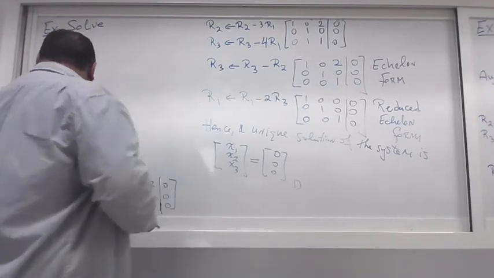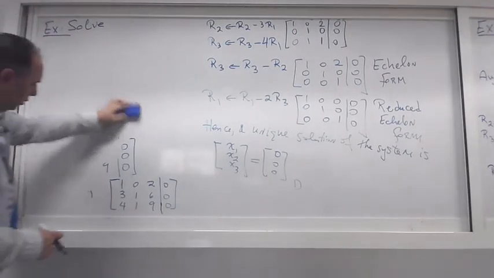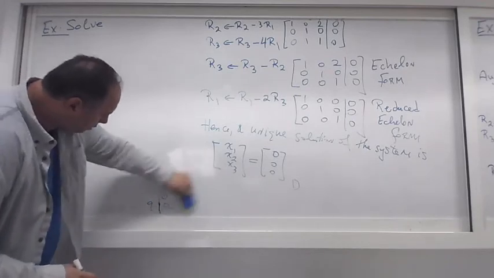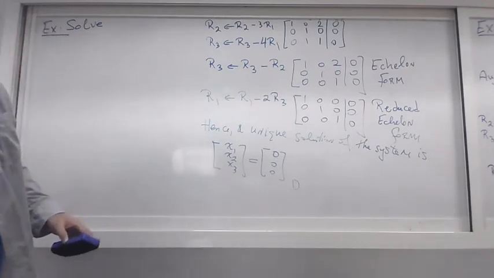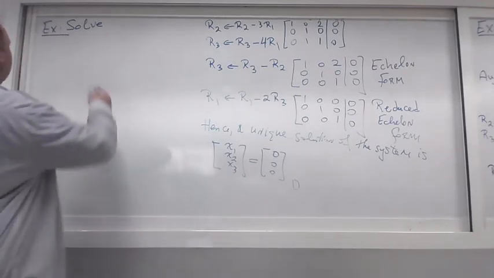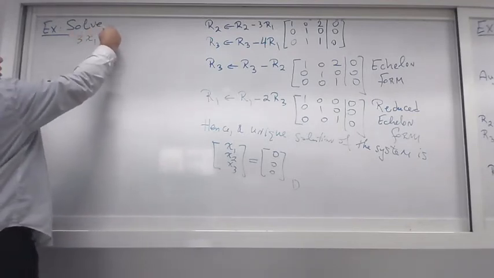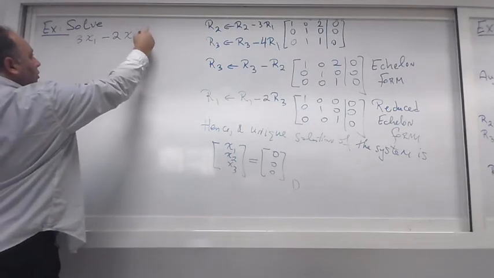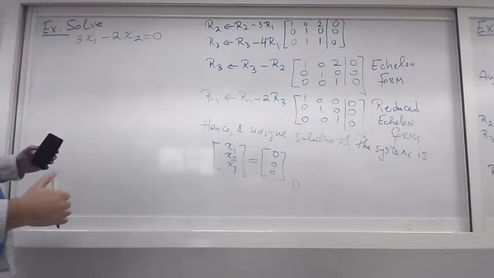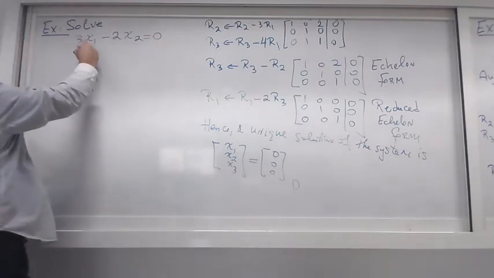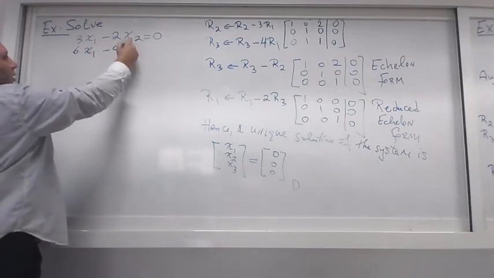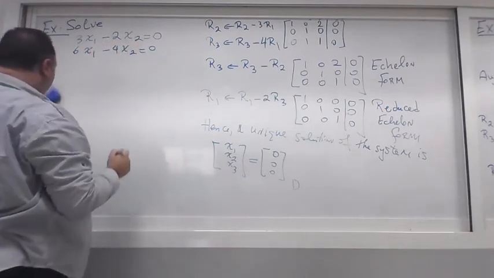So let's have another one. This one is cute, short. So what do I have? 3x1 minus 2x2 equals 0. And 6x1 minus 4x2 equals 0.